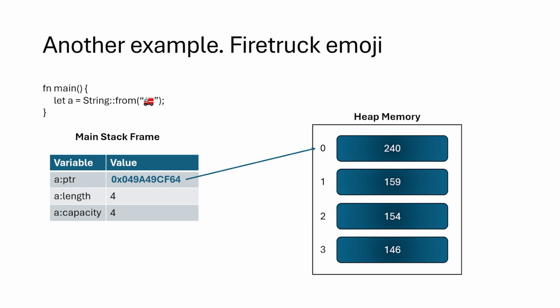So the combination of 240, 159, 154, and 146 put together, if you decode that and convert it, it'll end up representing itself as a fire truck emoji in this case. So that means that fire truck emoji up there has a length of 4 bytes. All right, so hopefully that makes sense.